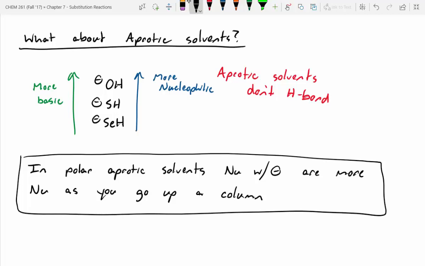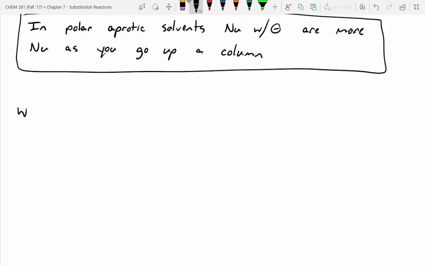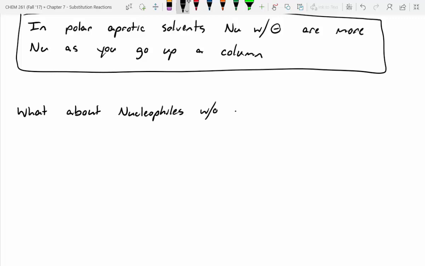All right, so let's consider another example. All of the nucleophiles I've shown so far are negatively charged. What happens if we've got a neutral nucleophile? So what about nucleophiles without a charge?